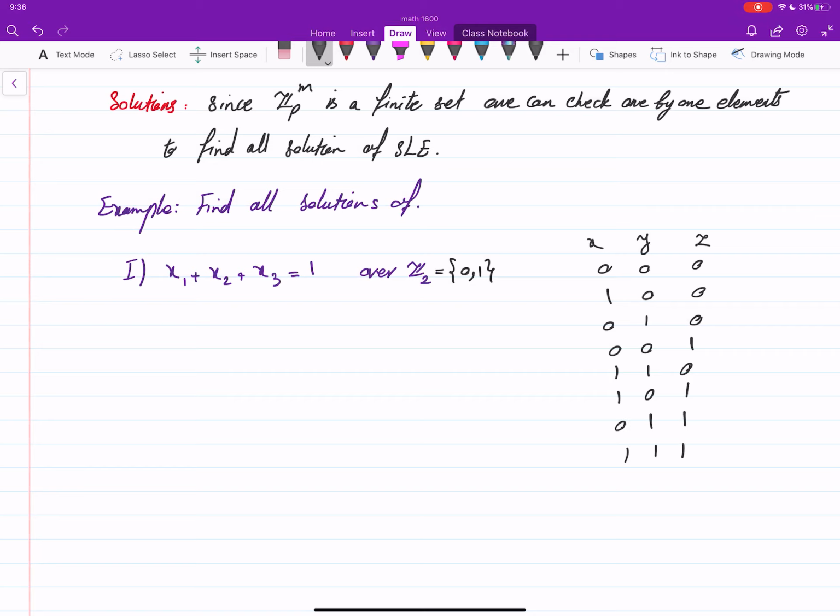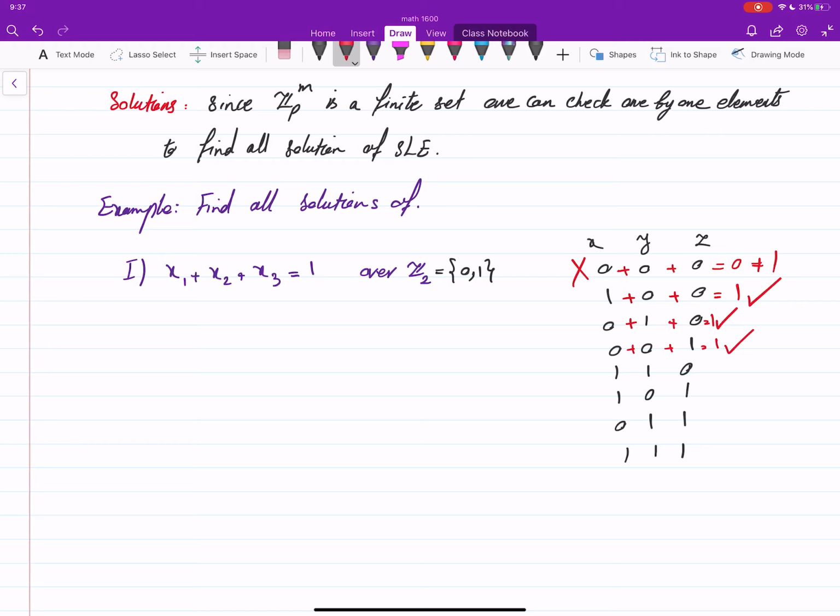Well, we can plug in one by one. 0 plus 0 plus 0 is 0, not equal to 1, so this is not a solution. 1 plus 0 plus 0 gives us 1. This is a good one. This is also a good one. This is also a good one.